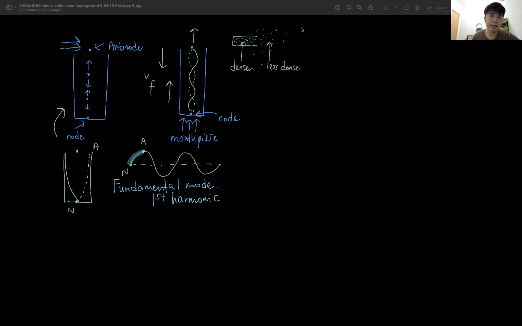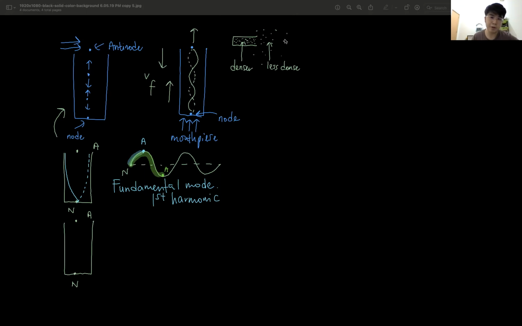Now the second pattern, the next one up. We go to the next antinode, because we know that this must be a node and this must be an antinode. So we find the next antinode, which is over here. How much of a wave can be fit from here to here? That's 0.75, right?